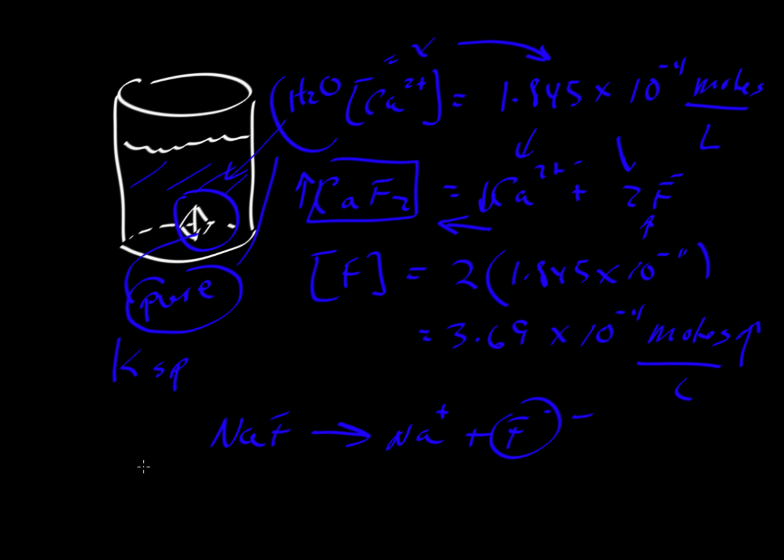Let's now take a look at what's going on with the fluorite itself. So we have 1 mole of fluorite that is dissolving to form 1 mole of calcium ion and 2 moles of fluoride ion. Well, if this is X and this is 2 times X, that we've got 1 mole of calcium, well, this would also be X. We would have 1 mole of fluorite giving us 1 mole of this and 2 moles of this.